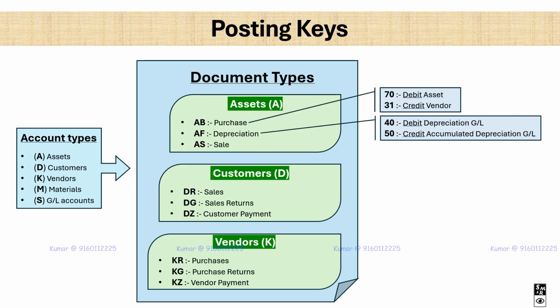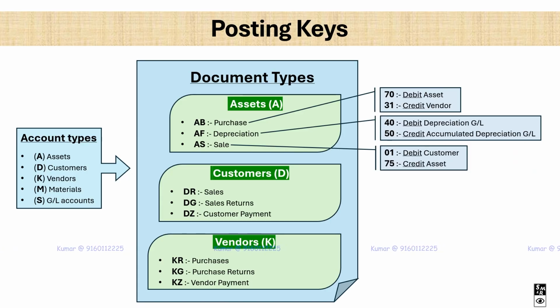In the second transaction, depreciation, we have debited depreciation and credited accumulated depreciation. Because the transaction is different and the account type is different, the event that is happening is different. That is the reason the posting key will be different.